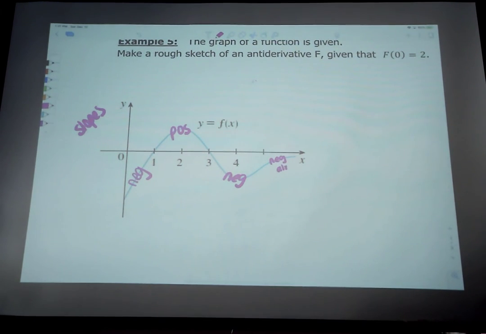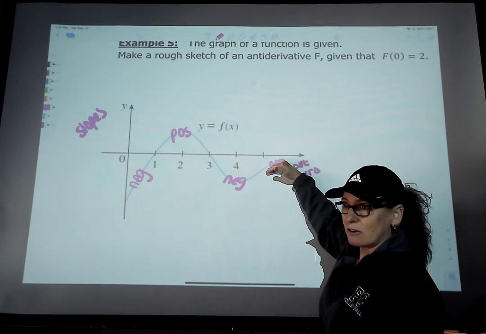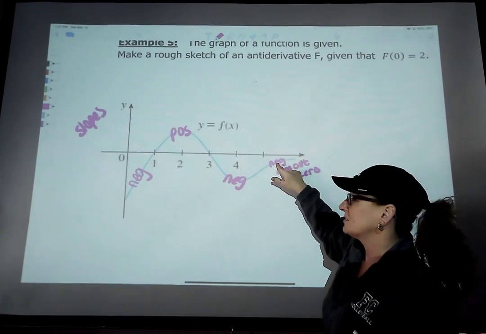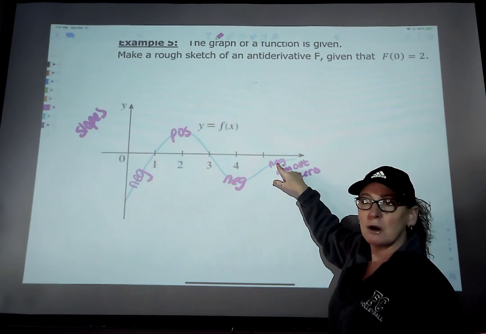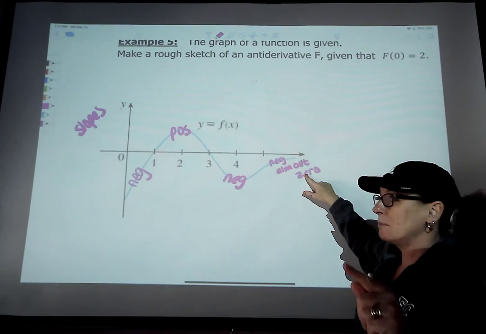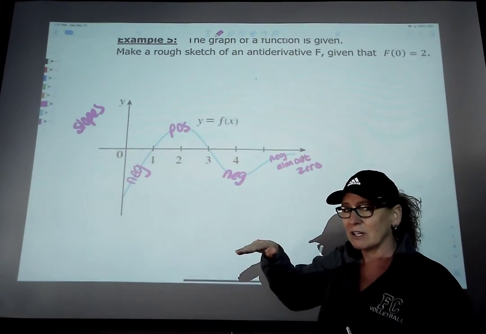Negative, almost 0. These y values, again, show the slope of big F. Big F is still going to be decreasing. But the slope of big F is going to be almost 0. So it's decreasing, but it's leveling off.